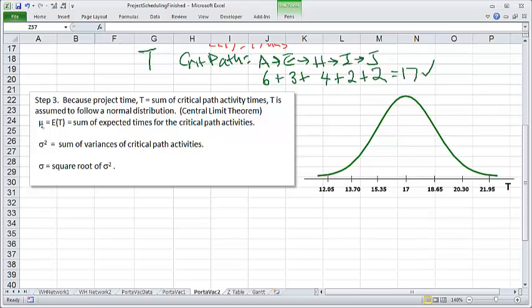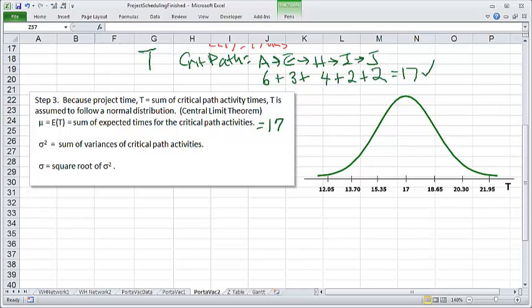Okay, so mu is the expected time, and that is a sum of the expected times for the critical path activities. And this is something we already did right here. So remember, these were the expected times for the critical activities, and we added them and got 17 already. So this is already obtained as 17.